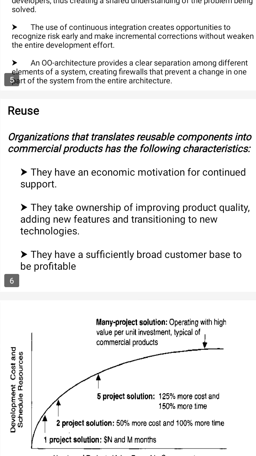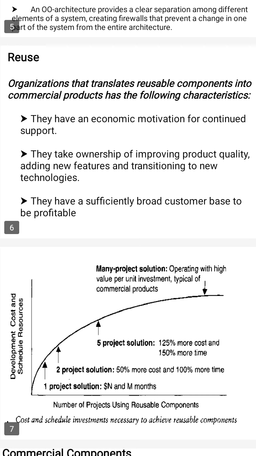Third one is reuse. Once we use reusable components, we can improve the economics, that is, reduce the cost of the product. There are the following characteristics of reusable components. They have economic motivation for continuous support. They take ownership of improving product quality, adding new features, and transitioning to new technologies.